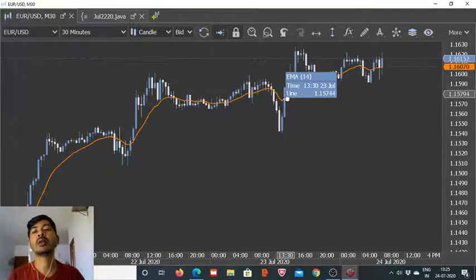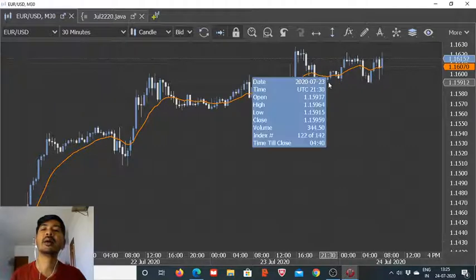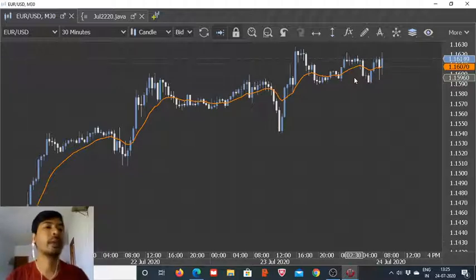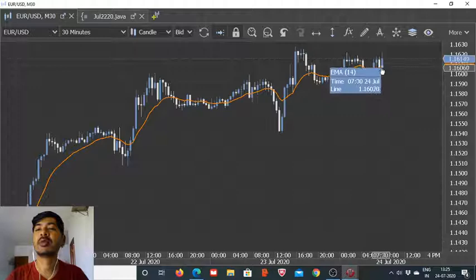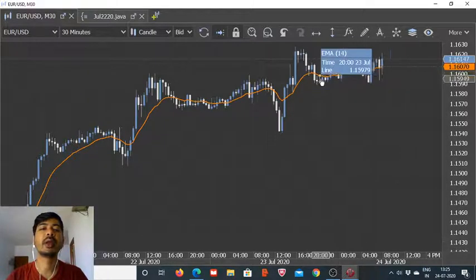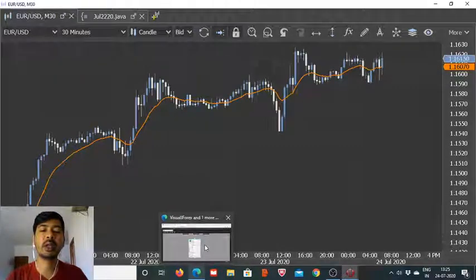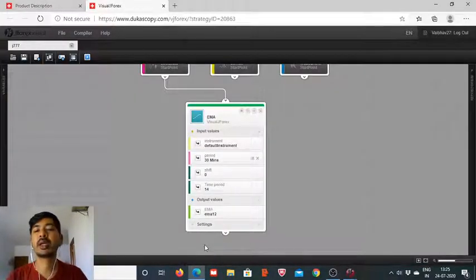So this is 30 minutes, and the candles which are taken into account, the number of bars for EUR/USD is defined at 14. So here this is the combination, and this is how it will look on the chart. Whenever you want to use any indicator with any particular combination, I would suggest that you plot it on the chart and see how it appears there.